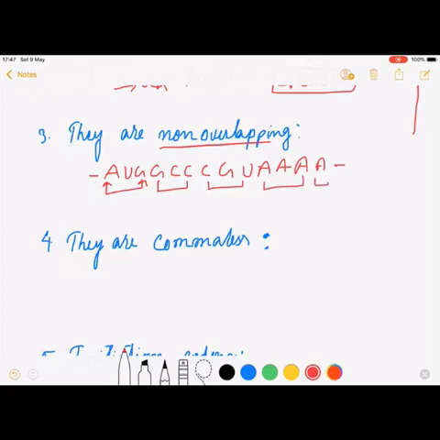That means one nitrogenous base will recognize only one codon. It won't be like AUG and the next codon recognized from UGG. No, it won't happen, because if the first 3 nitrogenous bases are recognized as the first codon, the next codon will be recognized from the next nitrogenous bases. You cannot take this G or this U to make a new codon. That means you cannot overlap them. That's why they are non-overlapping.